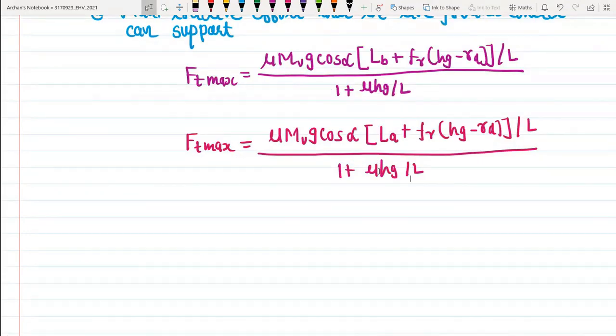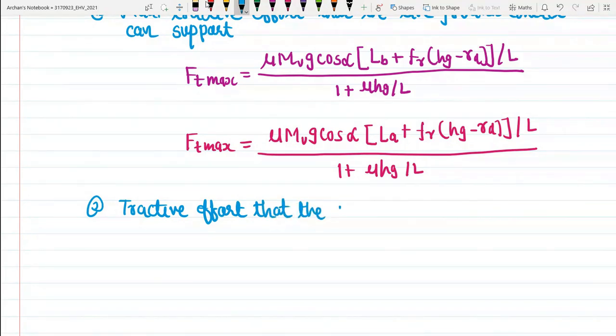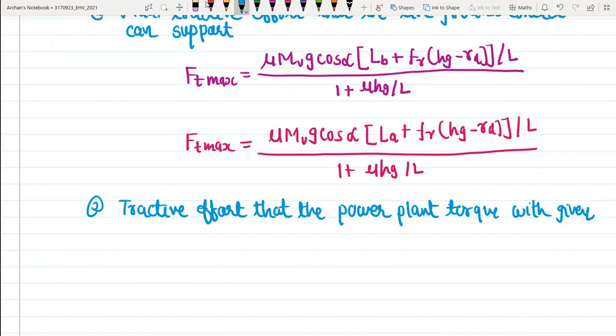The second one is the tractive effort that the power plant torque, with given driveline gear ratios, can provide.